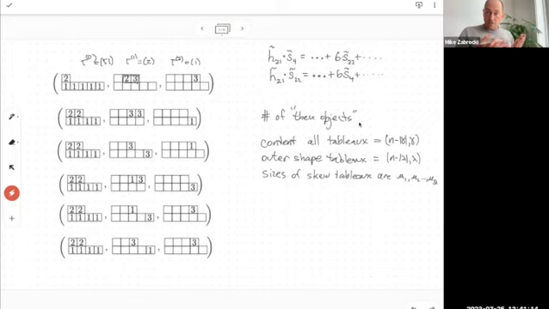I should note that there's this intermediate condition: if you read the tableau this way, the reading word must be lattice. So we add that condition.